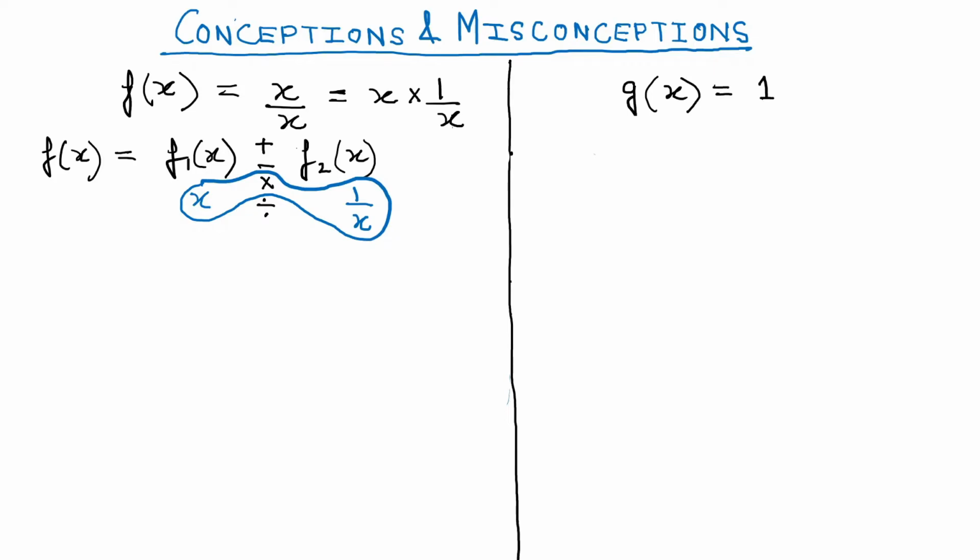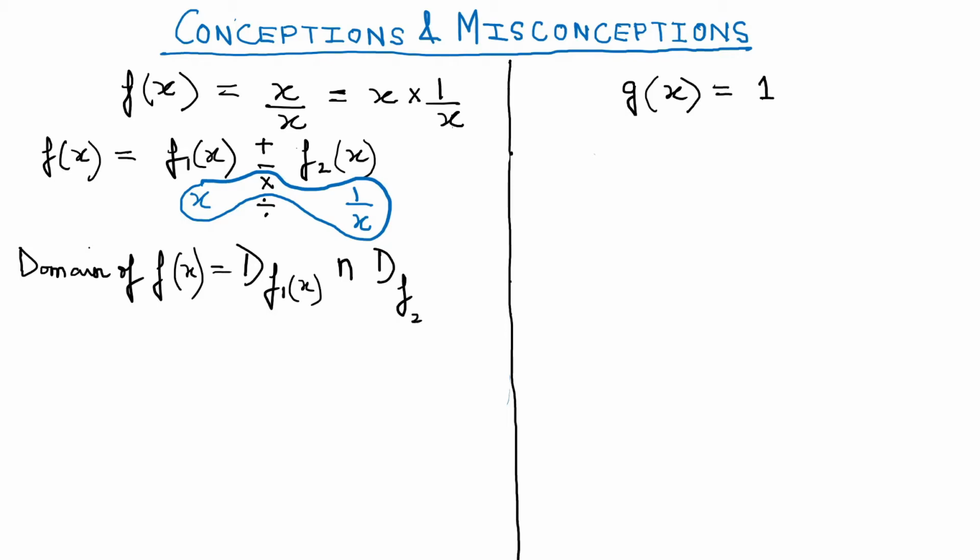But anyway, so now when I am finding out the domain of f(x), the domain of f(x) will be nothing but the domain of f1(x) intersected with the domain of f2(x).